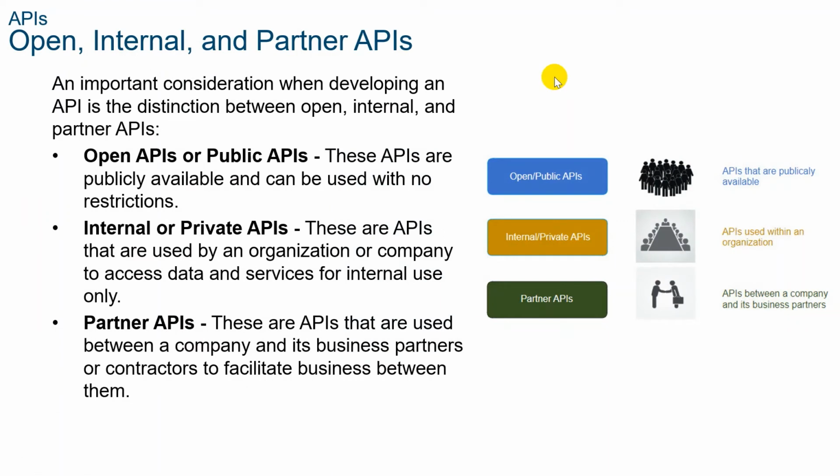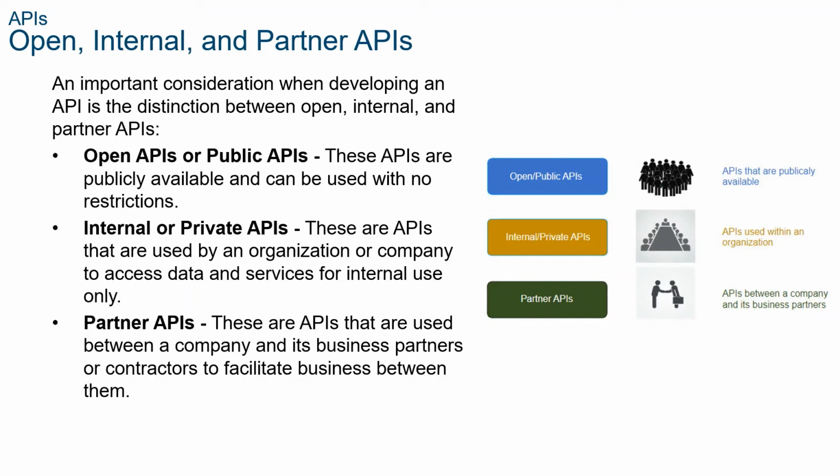An important consideration when developing an API is the distinction between open, internal, and partner APIs. Open APIs, or public APIs, are publicly available and can be used with no restrictions. The International Space Station API is an example of a public API.